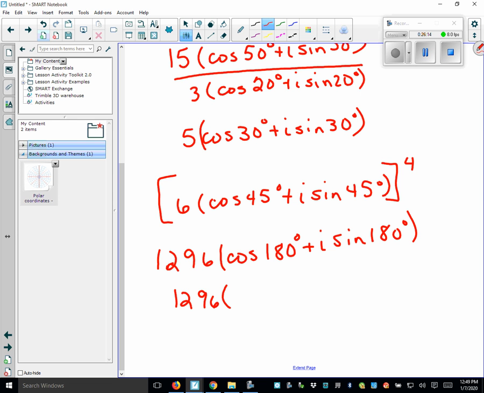Negative 1. So the point would be negative 1, 0. Then you get negative 1 plus 0i, which would just be negative 1296.